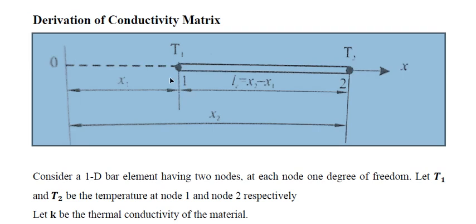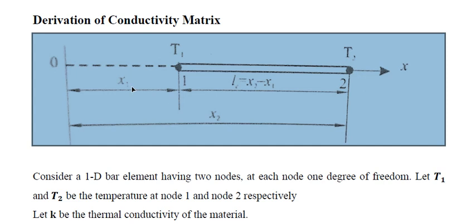Now let us consider the same 1D heat conduction element. I will not call it a bar element; we will call it a 1D heat transfer element. Since we are dealing with conduction, we will call it a 1D heat conduction element. It is a 1D linear element having node 1 and node 2. The boundary conditions are that at node 1 T is T1 and at node 2 T is T2.